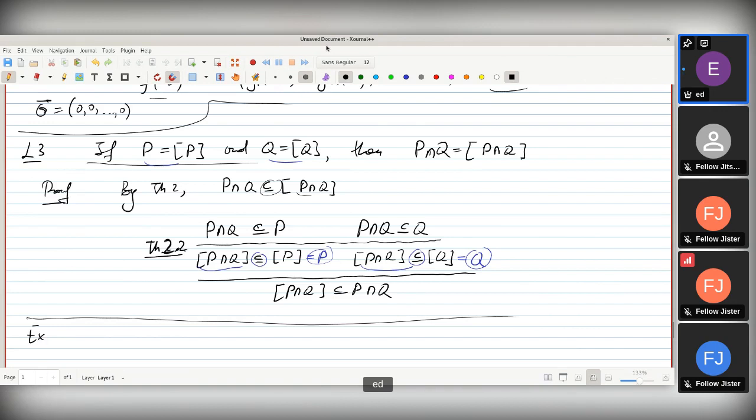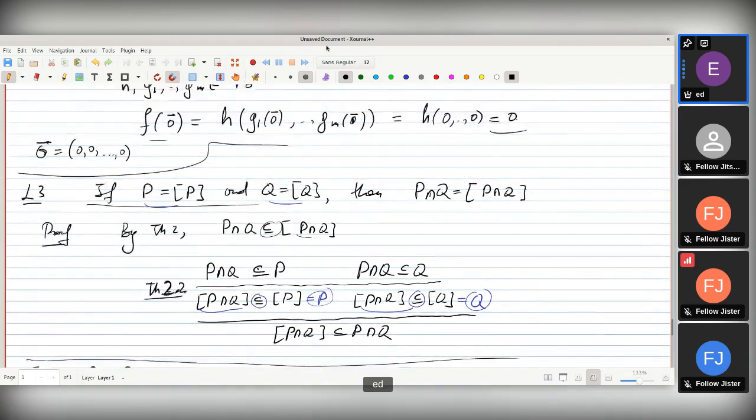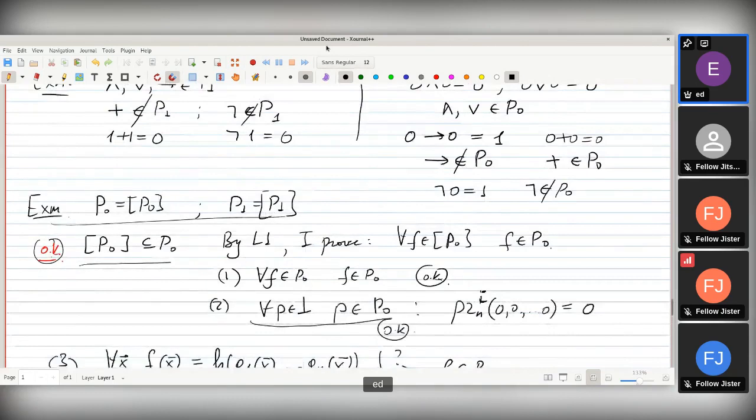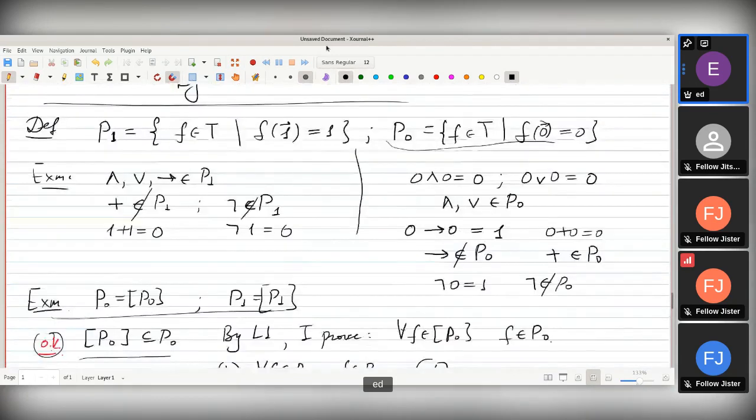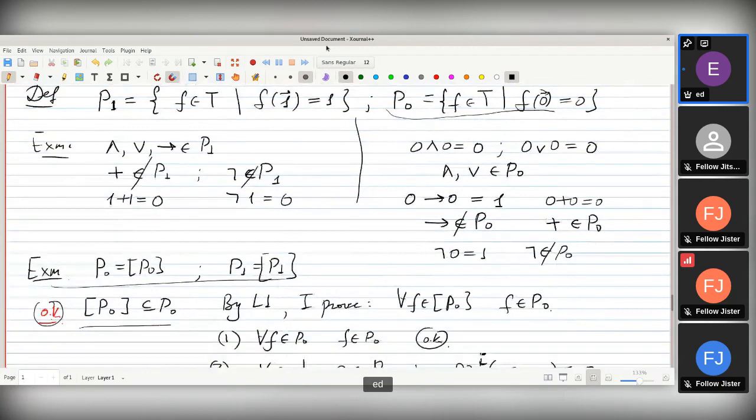As an example, as a corollary, we see that the intersection of P0 and P1, the set of functions that preserve both 0 and 1, is closed.